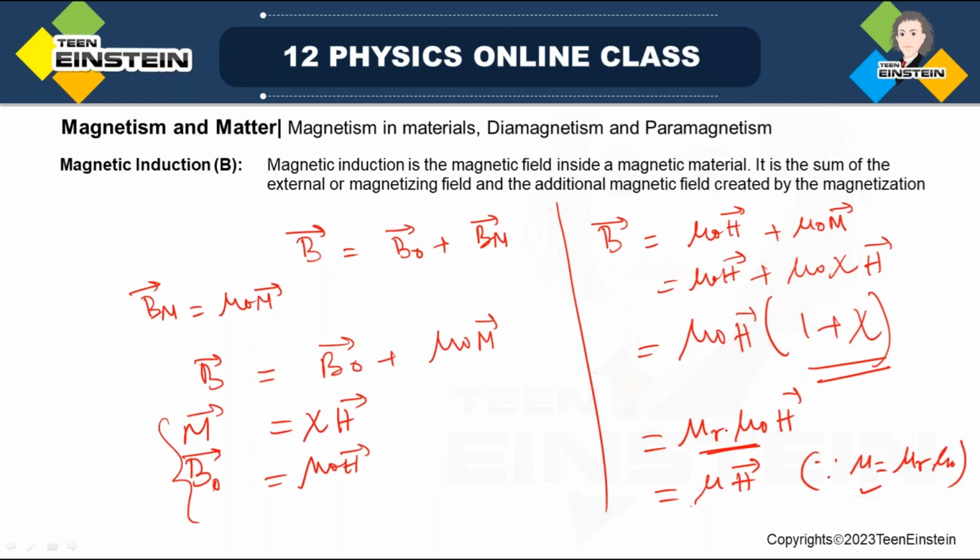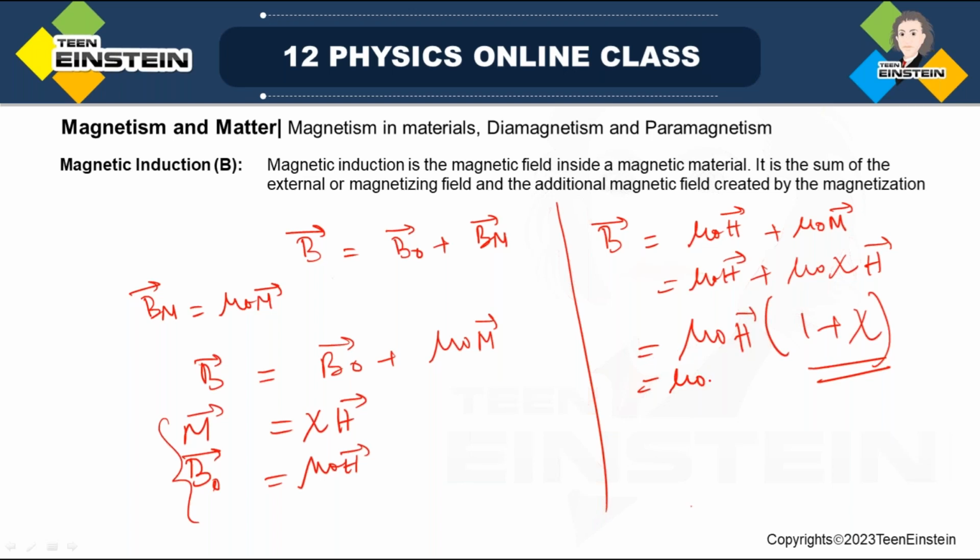And mu r, what is mu r we have taken? We'll just write it down and then discuss this a little bit. This is mu r, relative permeability, 1 plus chi. And chi is called susceptibility. I'll define those parameters. So mu r is equal to 1 plus chi.